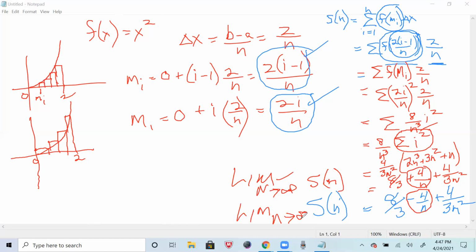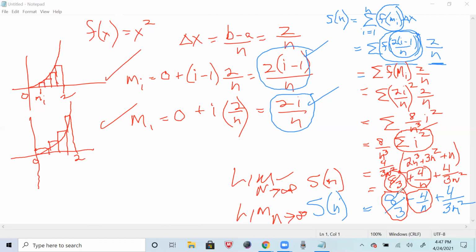And if your professor says use the right hand endpoints, then use capital M sub I. If he says use the left hand endpoints, use little m sub I. And he may want the limit as n goes to infinity. He may want it for n equal 10, 100, 1,000, 10,000, and so forth. But you can certainly see as n goes to infinity that these two both go to 8/3. That's the only thing that survives, is that 8/3 right there.